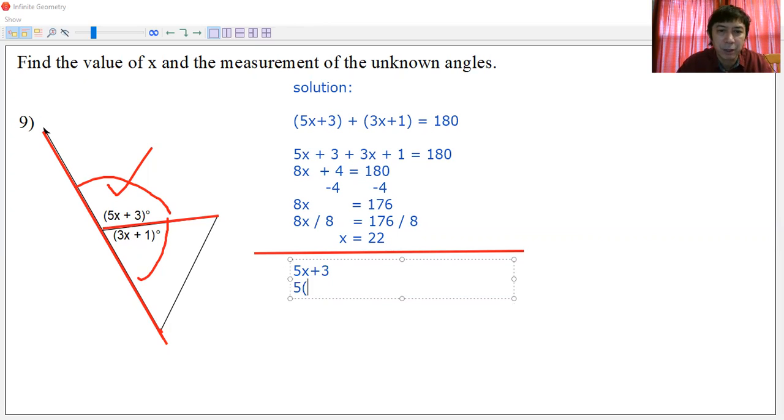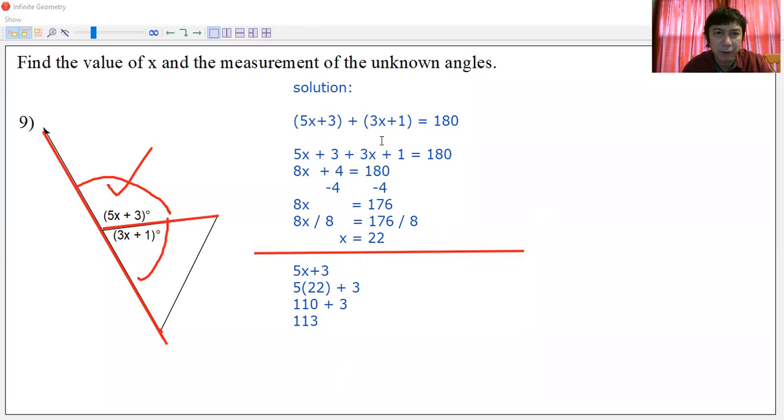So this is 5 times 22 plus 3. That will be 110, and then we add 3 there. That gives us 113. So this will be 113 for our first angle.